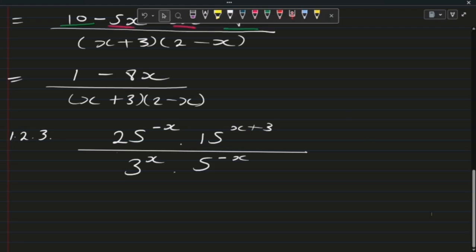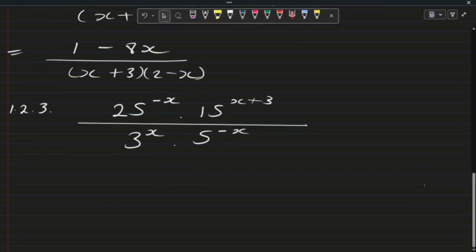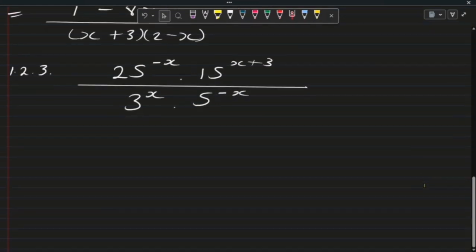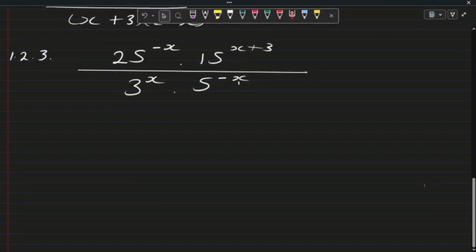Okay, so we see that we have a situation whereby we have a lot of exponents, right? If we are dealing with exponents, it is very important for us to bear in mind the laws of exponents. Let's just review very quickly the basic laws of exponents.